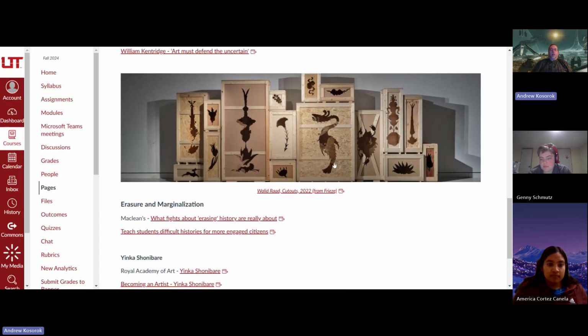And I like Walid Raad, a person who works a lot with this idea of separating elements out of history and demonstrating them out of context by doing things that are kind of contemporary takes on museum displays. Like this is a selection of crates, and each of them have a silhouette cutout of what could possibly have been shipped in that crate to whatever museum or storage facility it's going to.